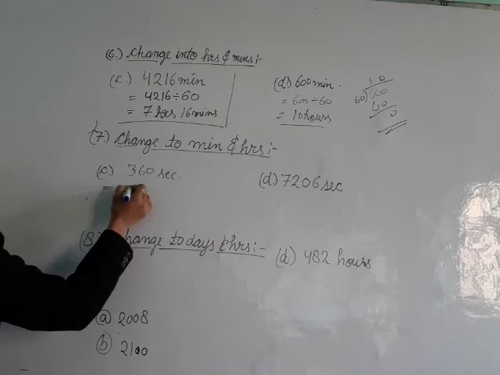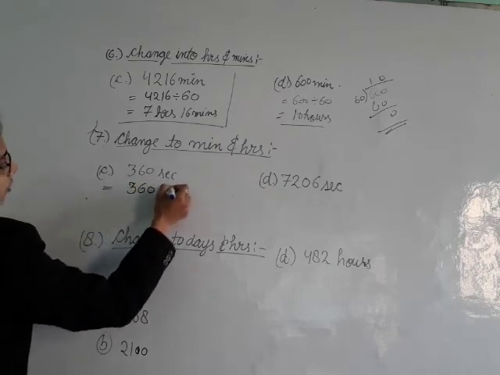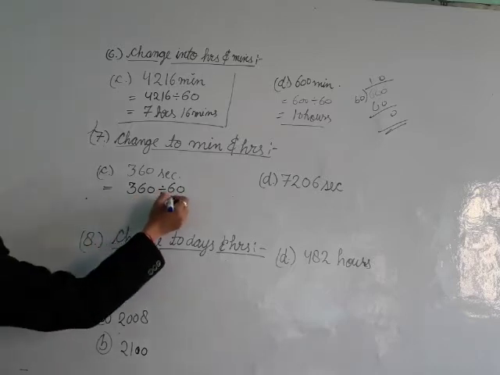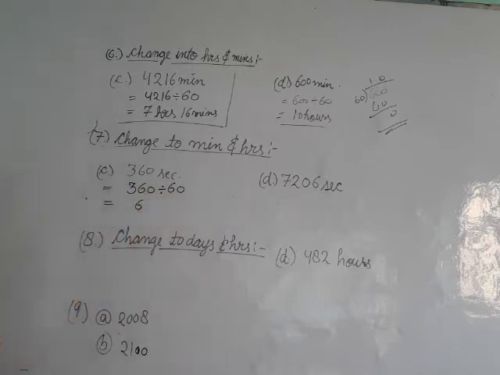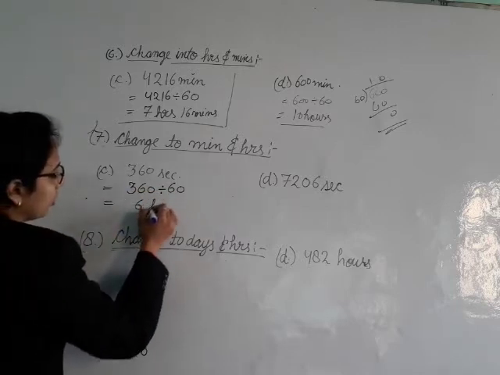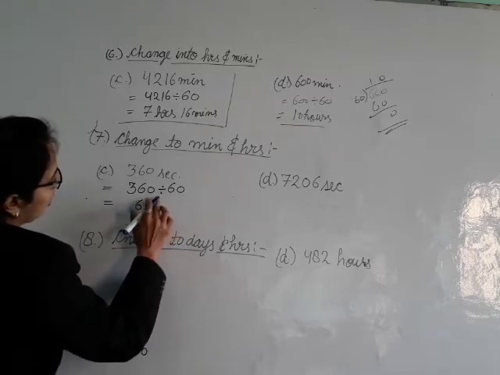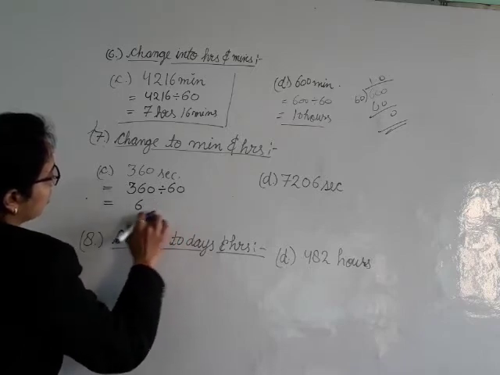To convert it into minutes, what we have to do? Divide it by 60. Now if you divide, simply cut 0 by 0, and 6 6s are 36. So here only, sorry, seconds are there, minutes.